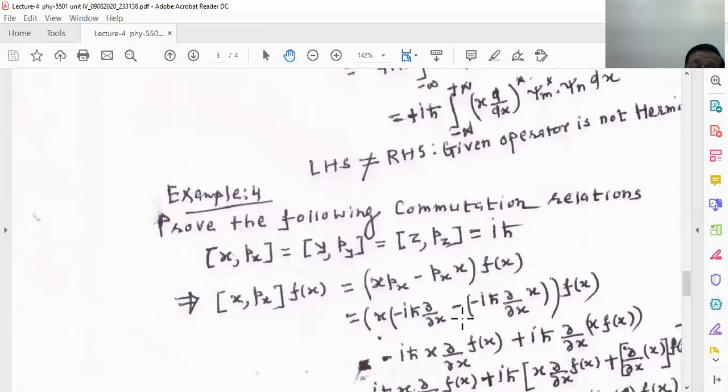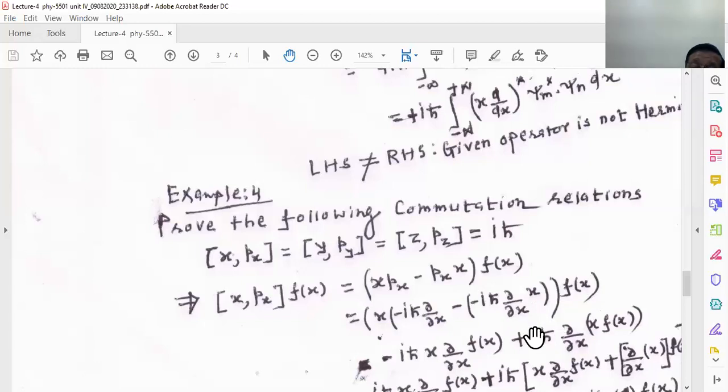Now look at this term. This is a minus here, and you have a minus sign here, so it becomes plus. And here I write down iħ, and then del by del x. And here you see this entire operator is operating on an operand f of x.